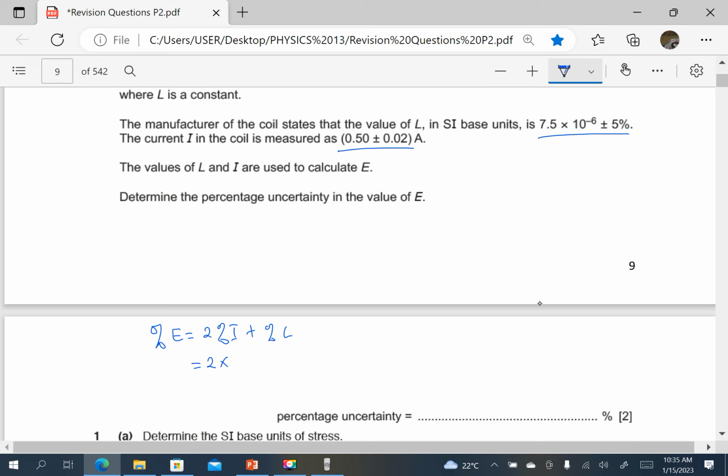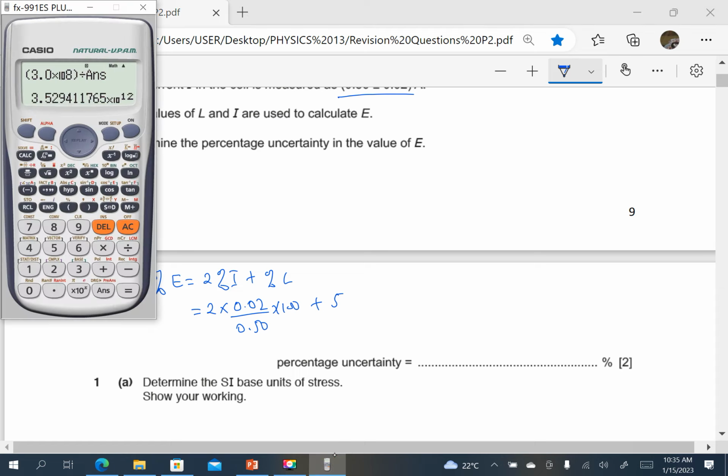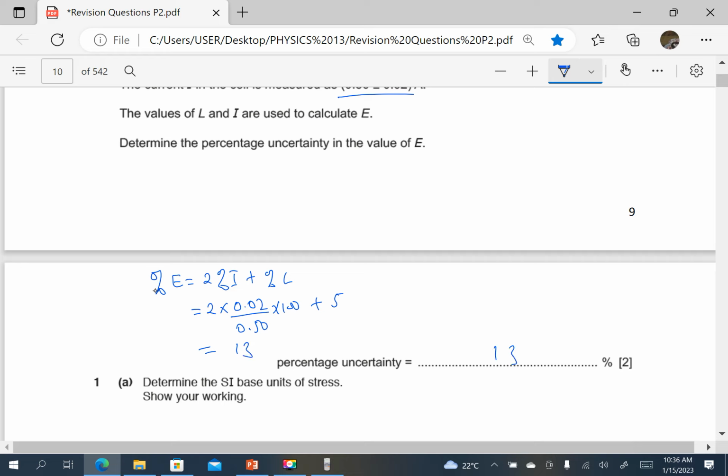So this is 2 times 0.02 divided by 0.50 times 100, plus percentage in L, which is 5%. That is 8 plus 5, which is 13%.